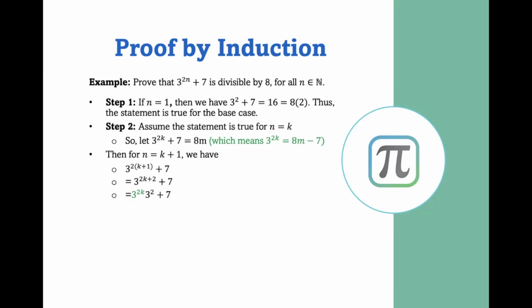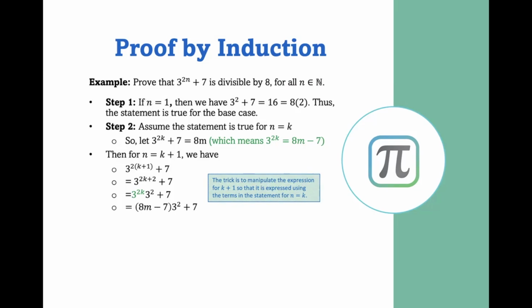From our assumption that the statement must be true for n equal to k, we know that 3 to the power of 2k can also be written as 8m minus 7. So the trick with proof by induction is to manipulate the expression for k plus 1 so that it is expressed using the terms in the statement where we assume that n equals k.